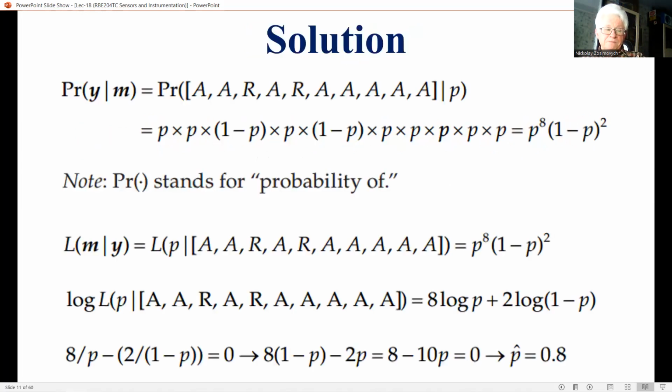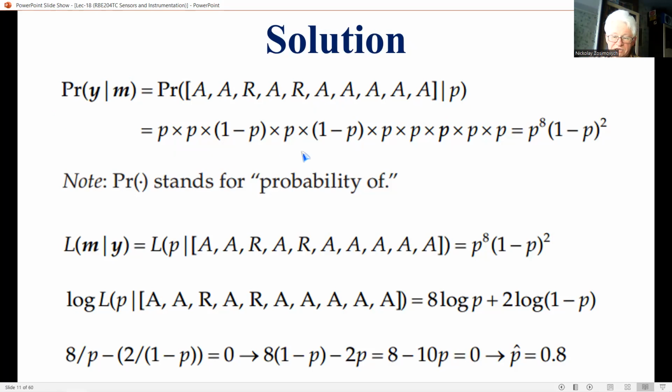Let P be the probability that a selected product from the batch is acceptable. The probability of realizing the data set, as we can see, when P, we can get this expression.